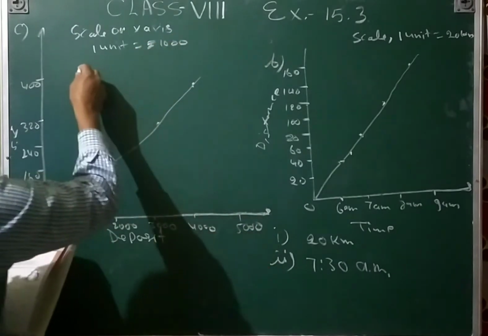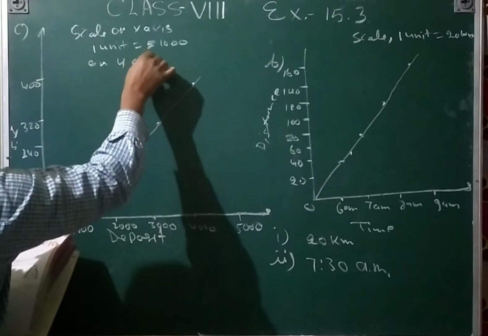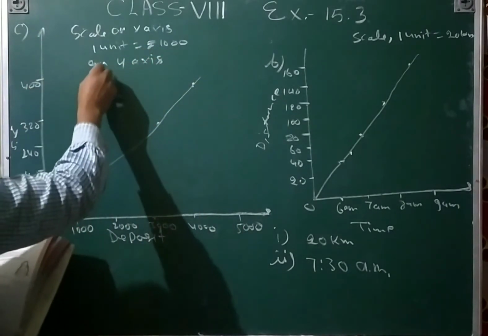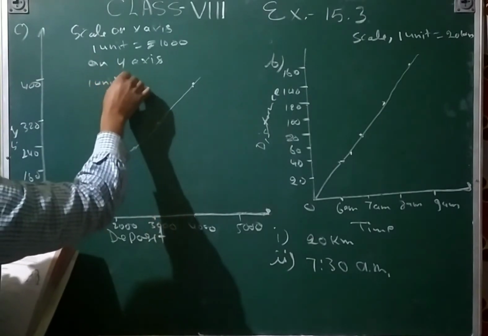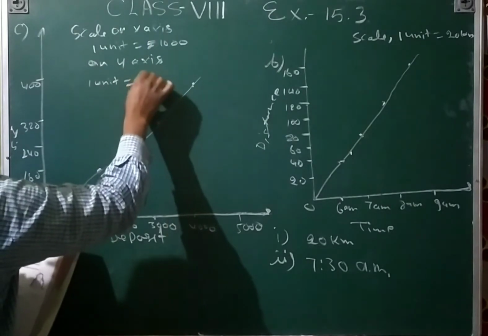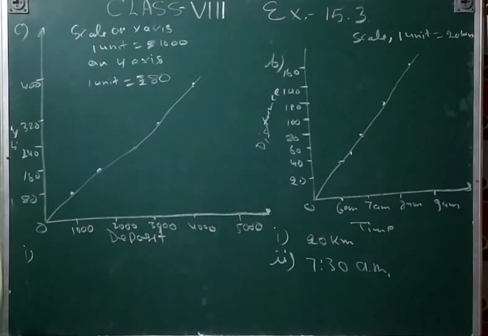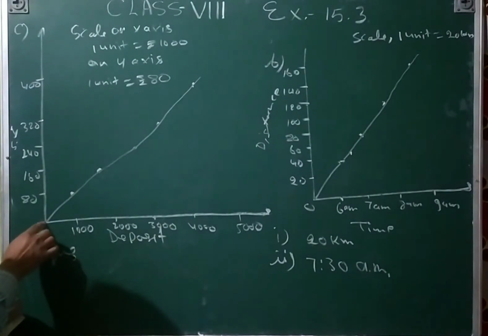And then on y-axis, this is the x-axis, this is the y-axis, 1 unit is equal to 80 rupees. And then first part, does the graph pass through the origin? Yes. Origin point is this one, 0 is the origin point.